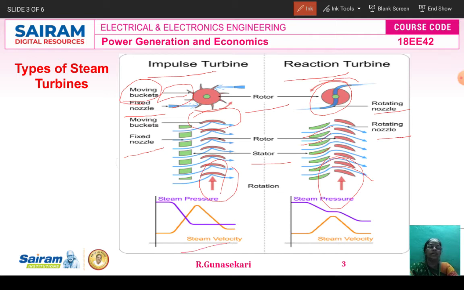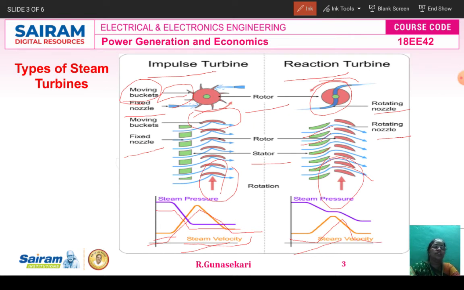Then below that you see the graph for both turbines. The X-axis is the steam velocity, shown in orange color. Initially it has some value, then after a particular period it is constant, then increases, then decreases and then remains constant. Then the steam pressure: initially a constant value, then decreases, then remains constant. Similarly for the reaction turbine, the velocity is constant, then increases, then decreases and then remains constant.